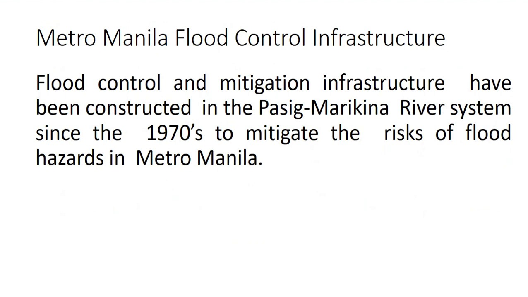So in our region, Metropolitan Manila, we have several infrastructure projects for our flood control. They are administered by the Metropolitan Manila Development Authority or MMDA, ever since the 1970s.